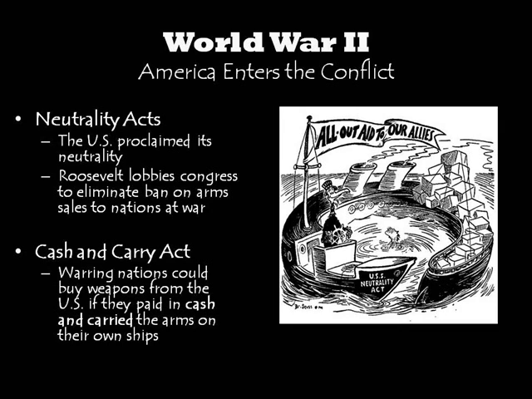This Neutrality Act of 1939 included a cash and carry provision. Nations had to pay cash for materials and carry them away in their own ships. This allowed the United States to support their allies in Britain and France with this cash and carry model.